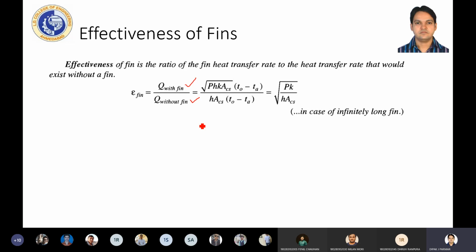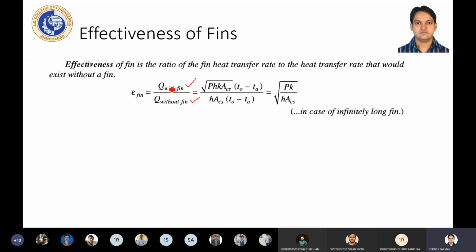Obviously our interest is that the heat transfer by using a fin should be more, so effectiveness of a fin should be more than 1. If your heat transfer with fin is equal to that without fin, then there is no use of adding extra material in terms of fins if you cannot increase the heat transfer rate, right?